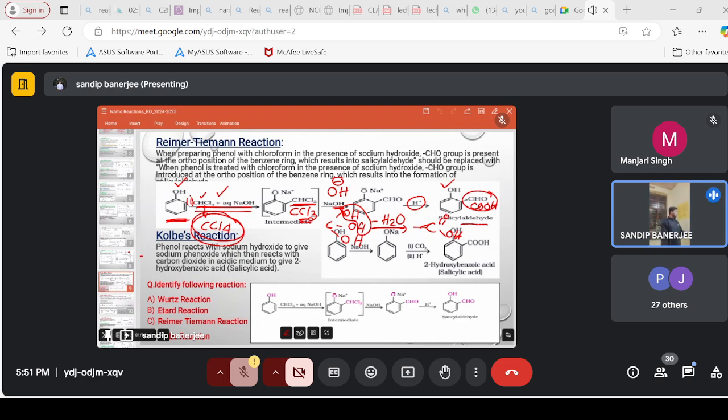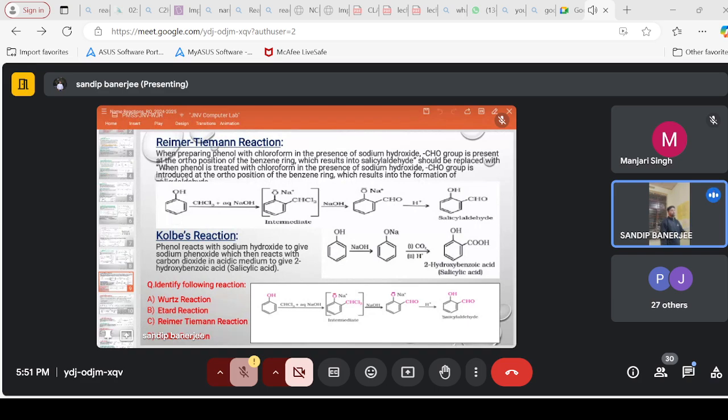Because salicylic acid is a good component in the medicinal aspect. That's why salicylic acid is so crucial. The solution is your Kolbe reaction. When the same phenol, with NaOH in the alkaline medium, we react with CO2 and H plus, means carbon dioxide gas followed by acid, you will get the final product, which is called salicylic acid.